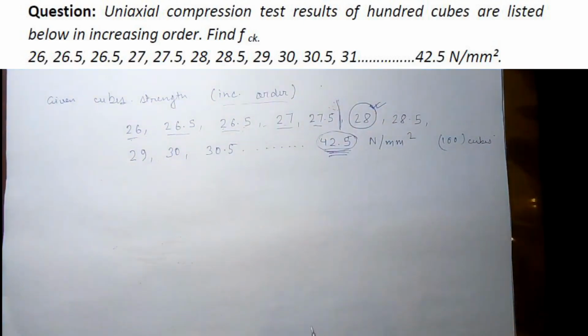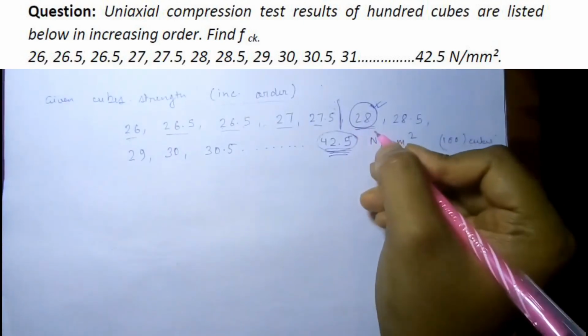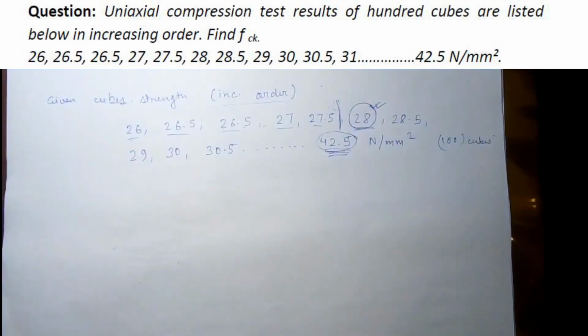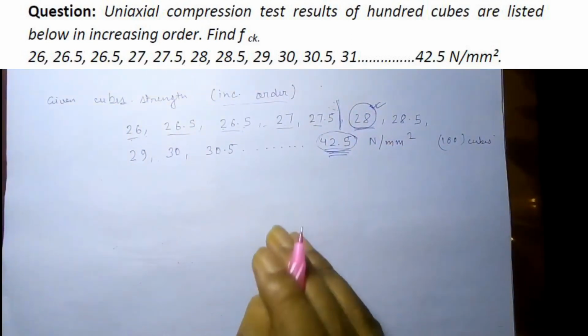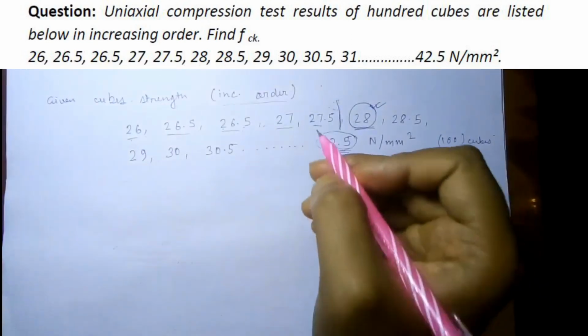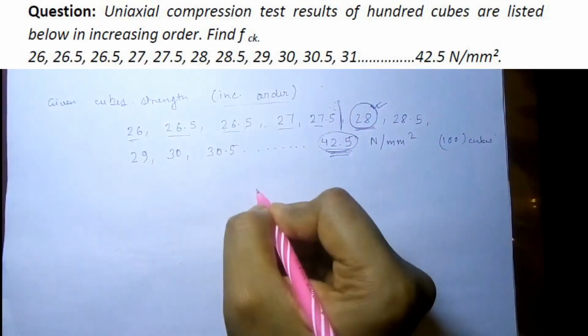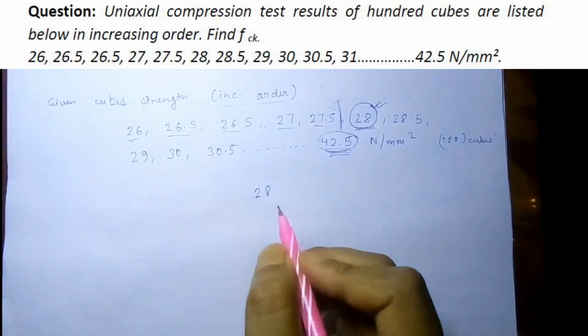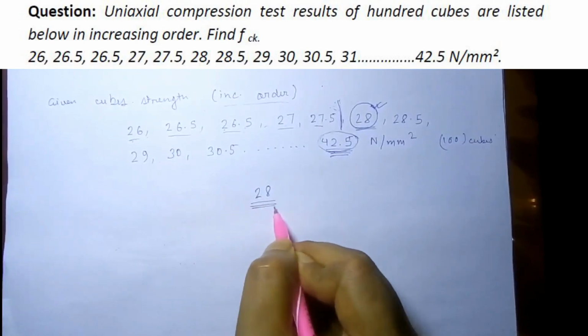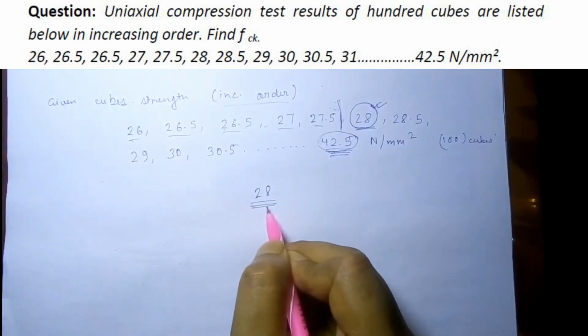So as per definition we are taking 28 Newton per mm square, and since FCK is always designated in multiples of 5, the answer should also be in a multiple of 5, like we express concrete strength mostly in multiples of 5.